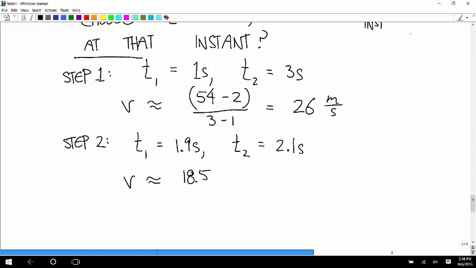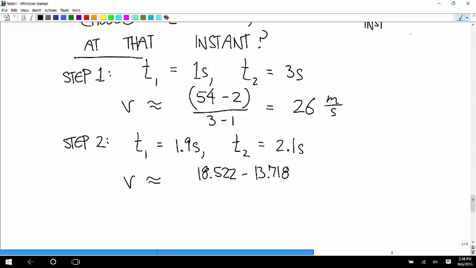Can you plug those into the calculator? 13.718.